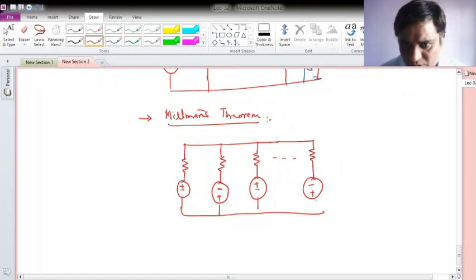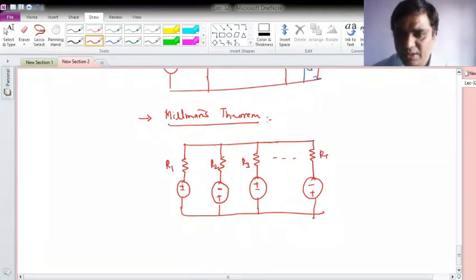So I observe that there are n Thevenin's equivalents in parallel form. Let me number it. This is R1, R2, R3 Thevenin's equivalent impedance, this is Rn, and say this is my V1, V2, V3, like Vn.